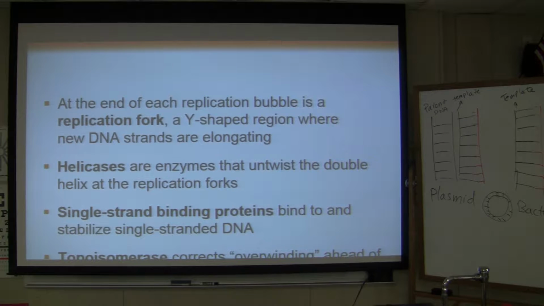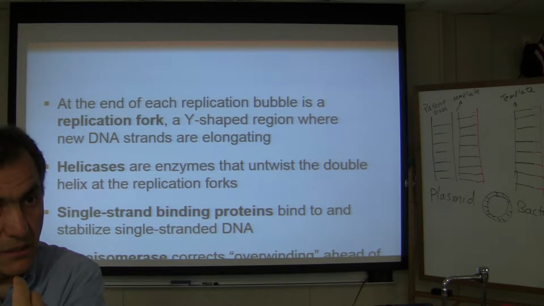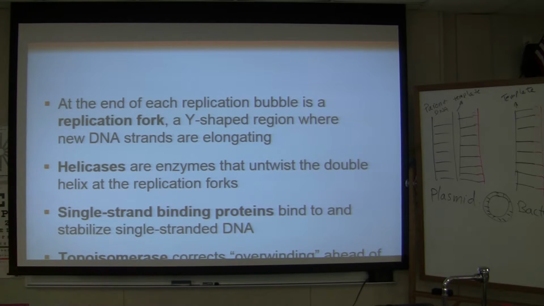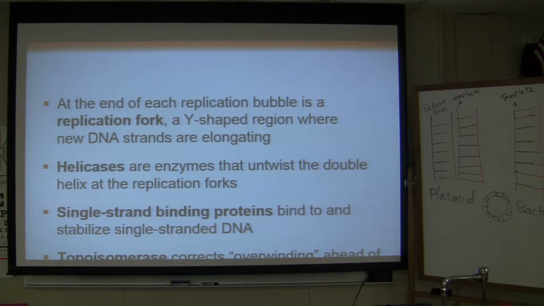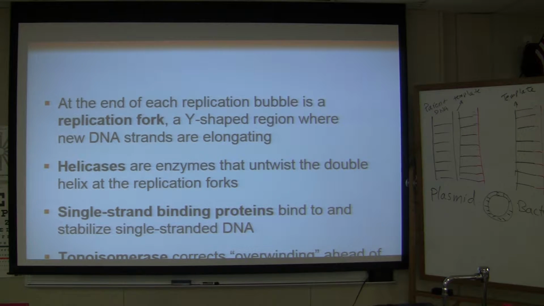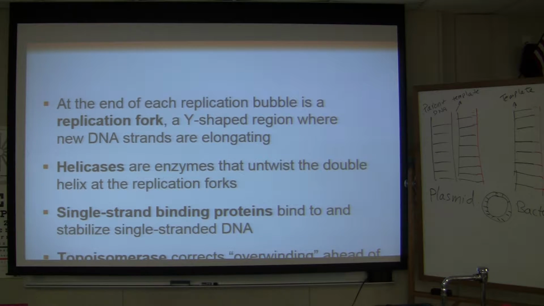Helicase is separating them, and the binding protein is attaching, but somewhere ahead of it, it will jam because of the twisting. But this enzyme, topoisomerase, will go ahead and unwind those. Am I making some sense? As a result, helicase can come and unwind those.